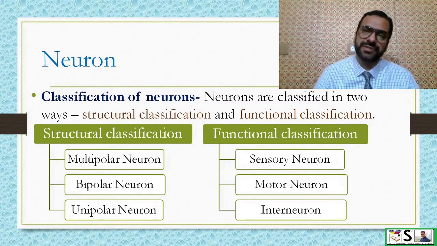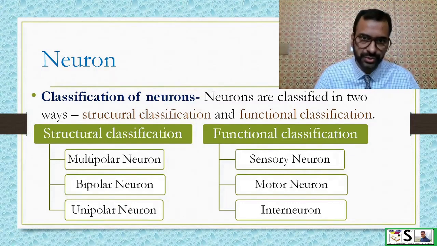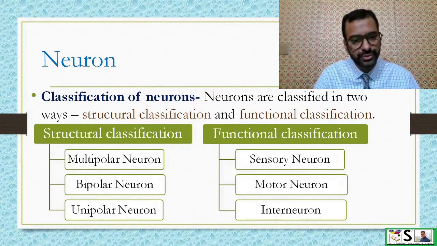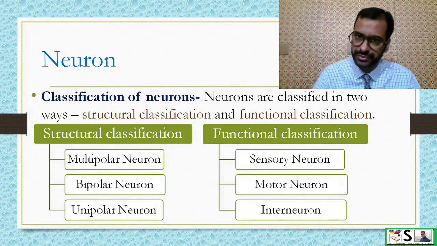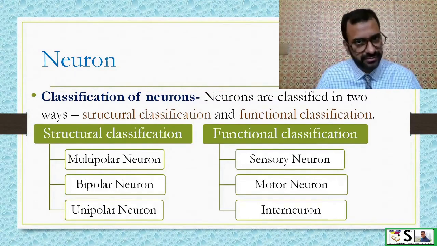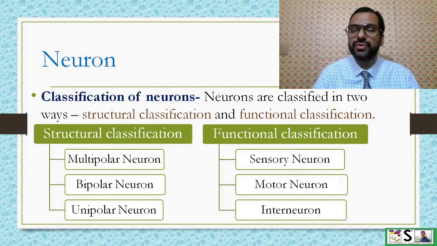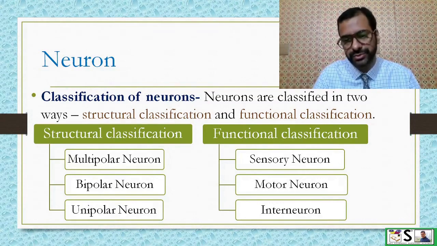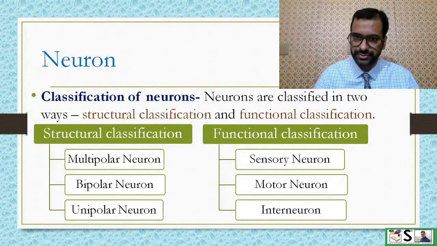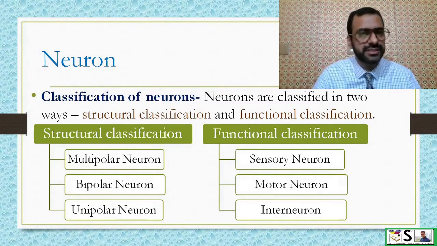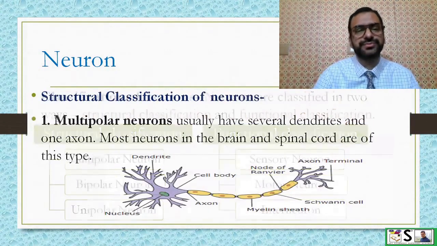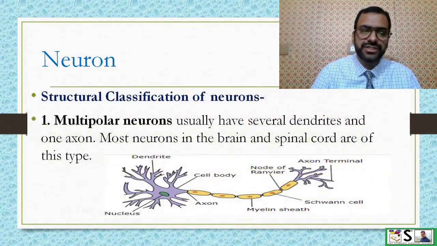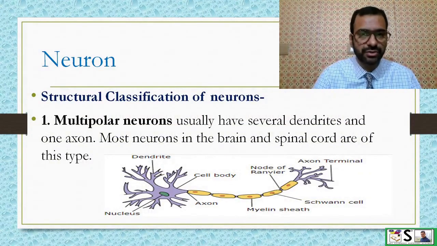In structural classification, we classify neurons as multipolar, bipolar and unipolar neurons. In functional classification, we classify neurons as sensory neurons, motor neurons and interneurons. We will discuss them one by one now. First is the multipolar neuron under structural classification of neurons.